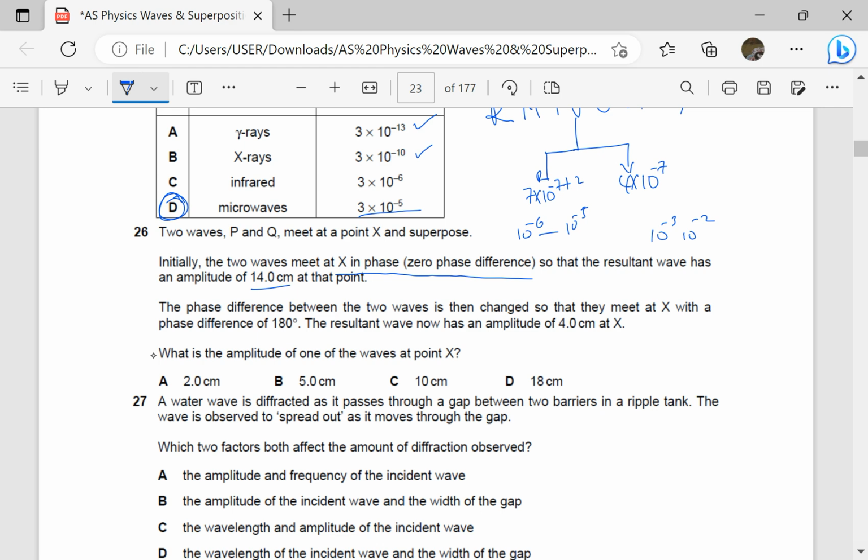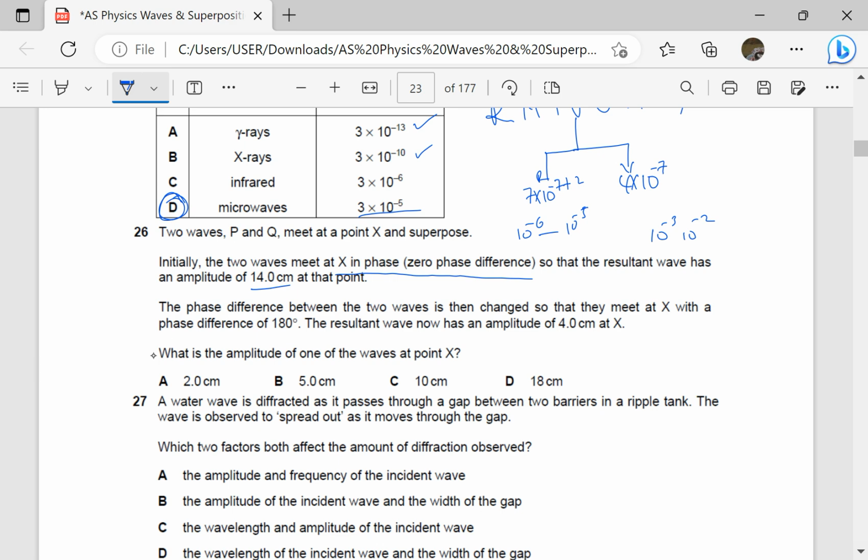So initially, the two waves meet at X in phase, so that the resultant wave has an amplitude of 14.0 centimeters.